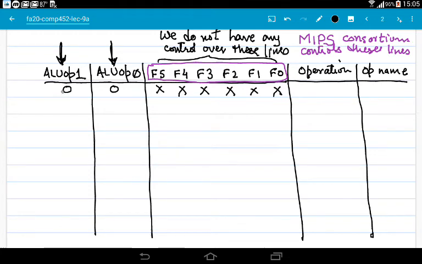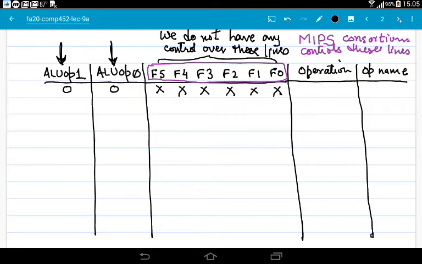We decide that when ALU op 1 and ALU op 0 are both zeros, the operation that we want to perform is addition operation.